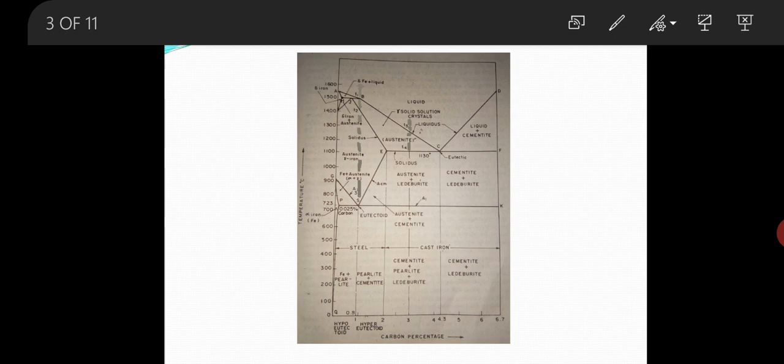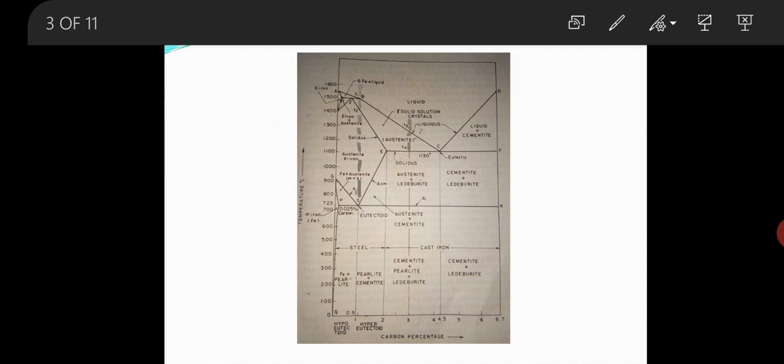So A is 1539 degrees centigrade where iron starts melting. But after that, as the percentage of carbon increases, this curve A, B, C, D shows the temperature line where the solidification of the alloy starts. So this line is known as solidus line A, B, C, D.